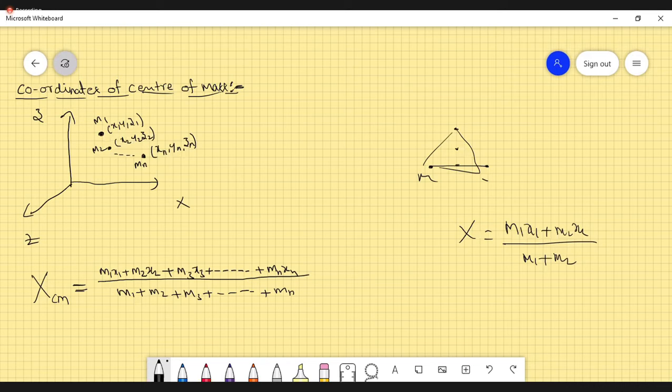If you calculate this, you get the center of mass along the x-axis.